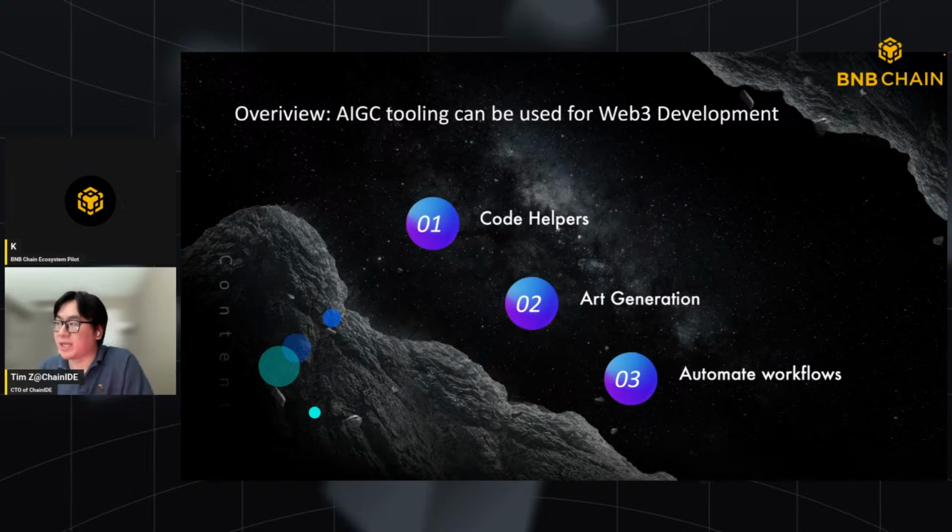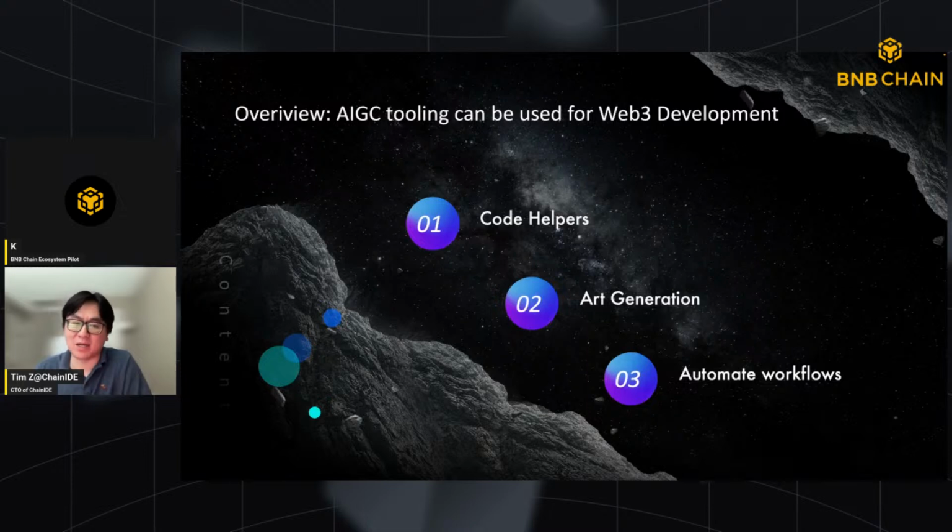The third one is the automated workflow. The difference between Web3 development and regular Web2 development is that you have a very different pipeline for smart contracts.